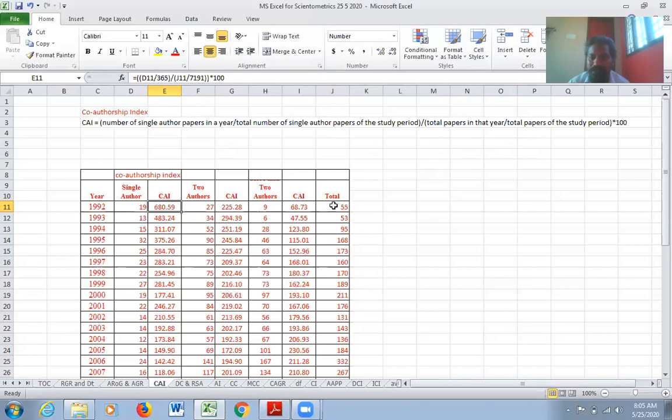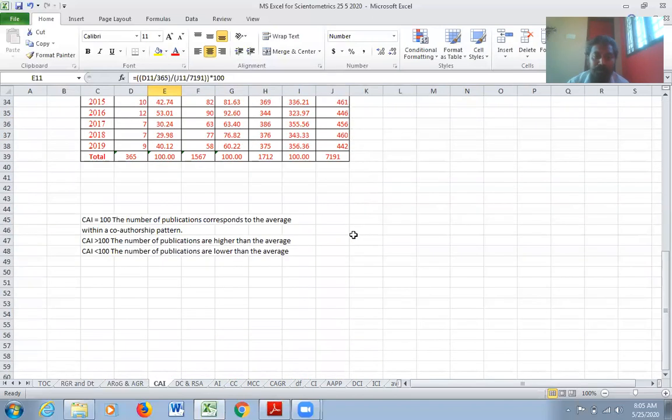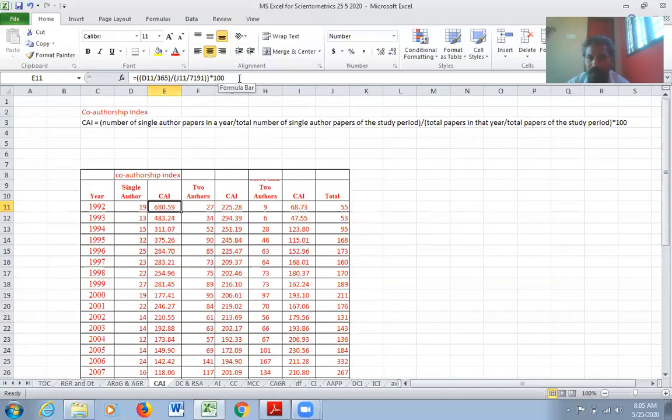That is J11, the total number of papers published in 1992, divided by total papers of the study period. What is the total number of papers published during study period? 7191. Okay, into 100. This tells you what is the co-authorship index for single authored publications in 1992. Fine. How much? It's 680.